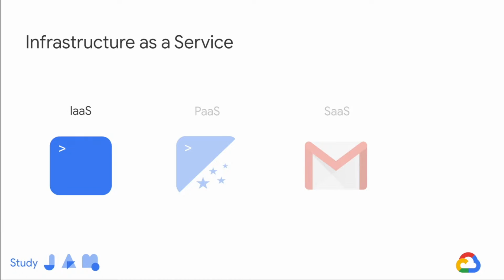For example, consider a virtual machine. You may need to install, upgrade, and patch all the software required to run your application. You can configure your virtual machine to scale based on the load on your application. Google Compute Engine, networking, and load balancer are examples of infrastructure as a service.